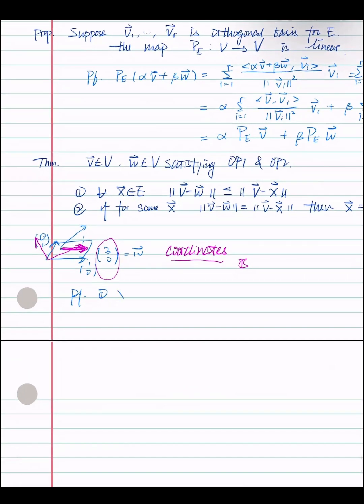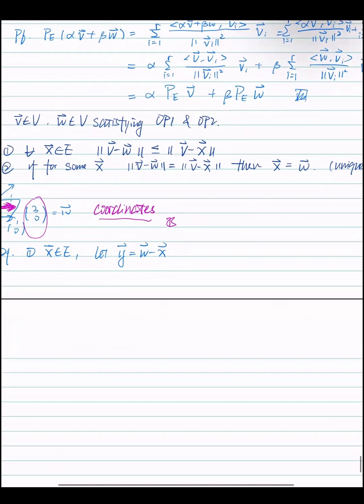If we know that X belongs to E, and we let a vector Y equal W minus X. Okay. And we have V minus X equals, so for this one, we are just doing vectors.